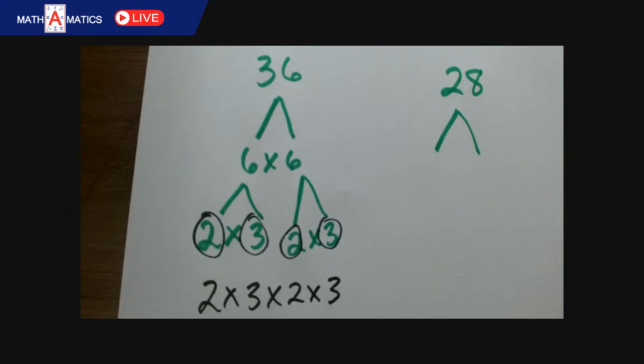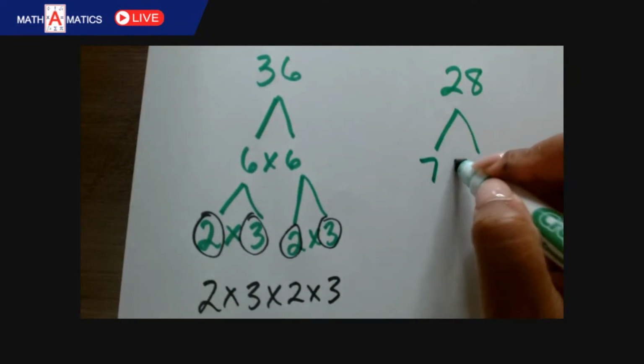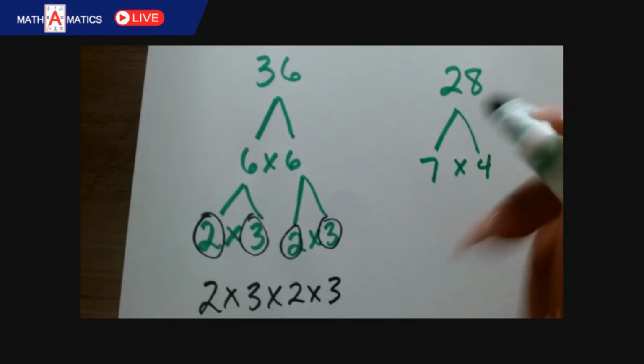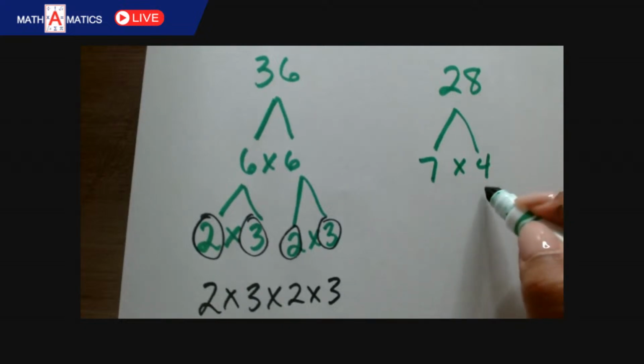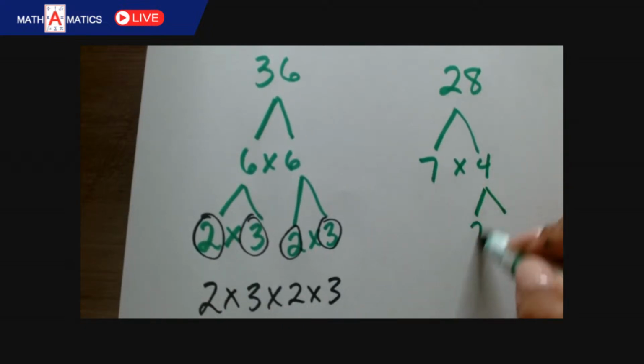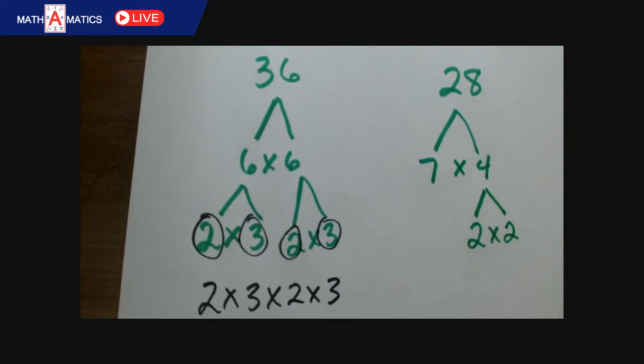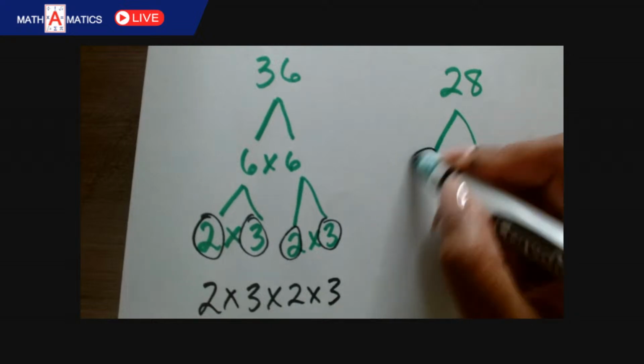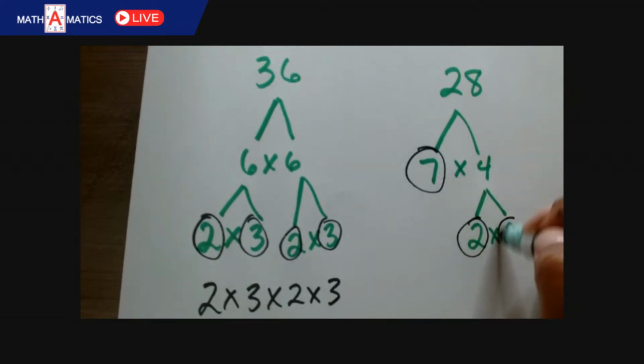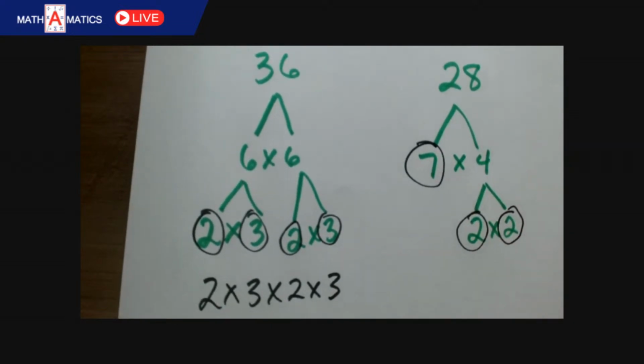Or 4 times 7, either way, same thing. So 7 times 4. And we know 7 is prime already, but 4 is not. And we know 4 is 2 times 2, which are all prime as well. So we're going to circle our 7, our 2, our 2. So we are left just focusing on 2 times 2 times 7.